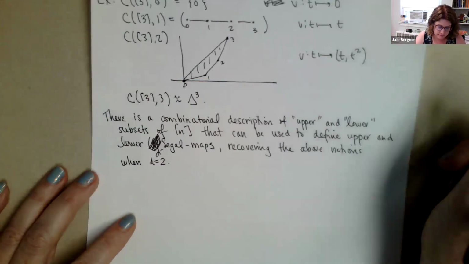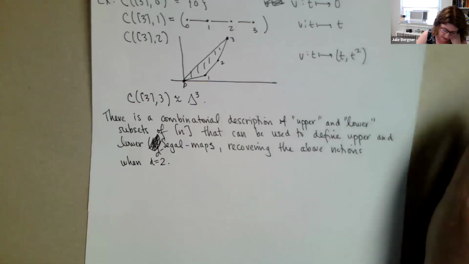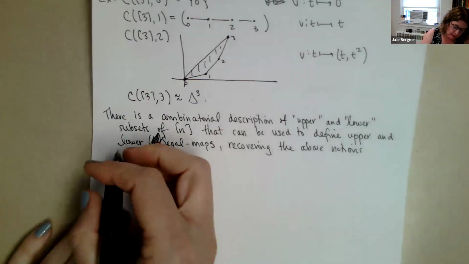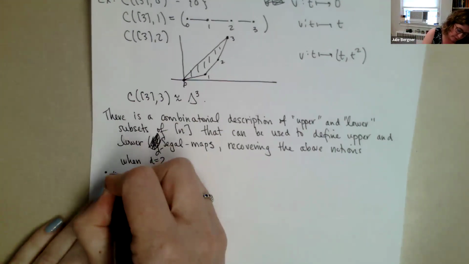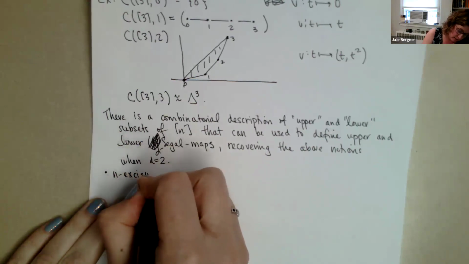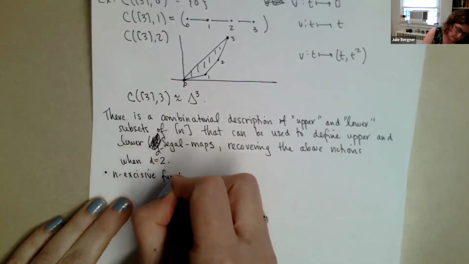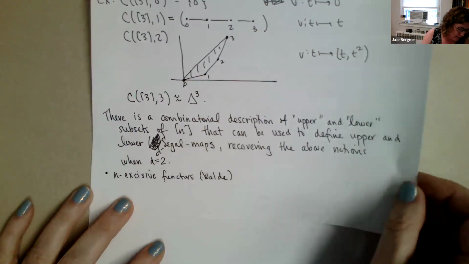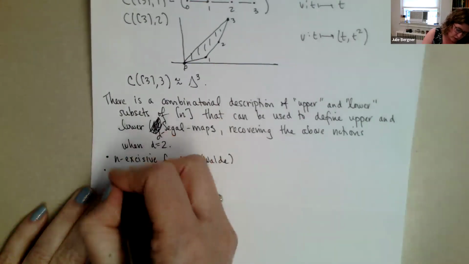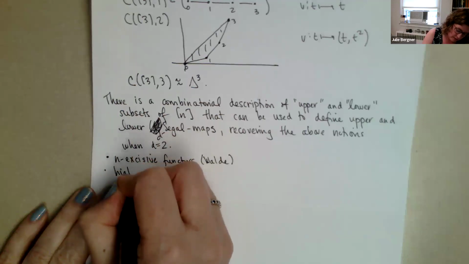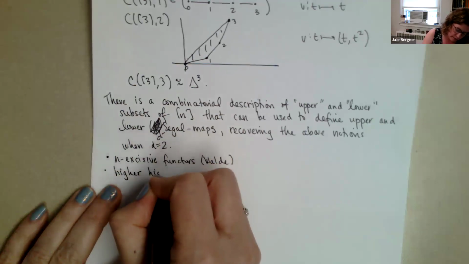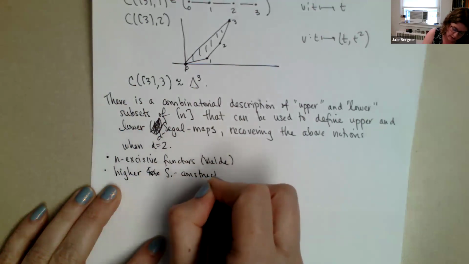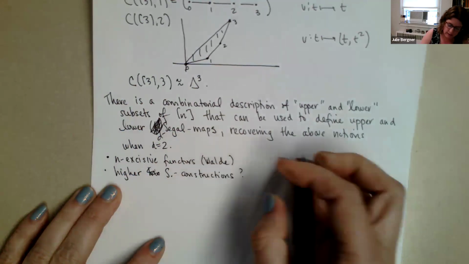And fortunately, I don't have time to go into more detail. I can say that these have something to do with n-excisive functors. This is some work of Tashi Walde. They should somehow arise from higher S dot constructions, so higher dimensional grids.